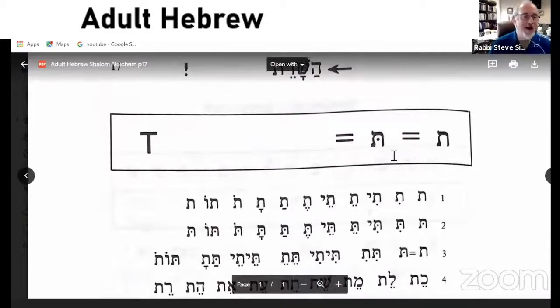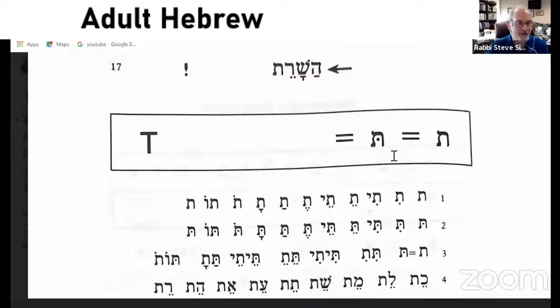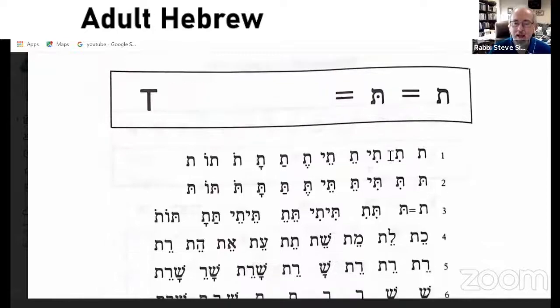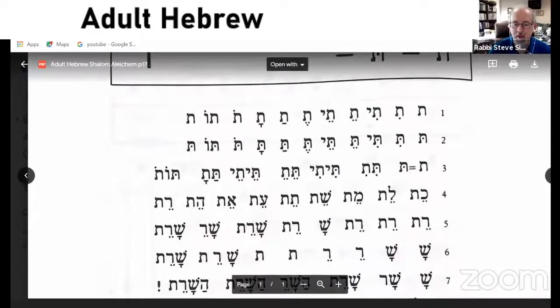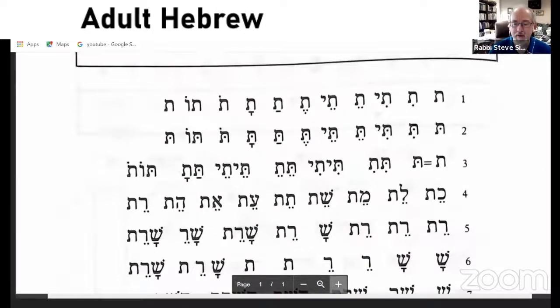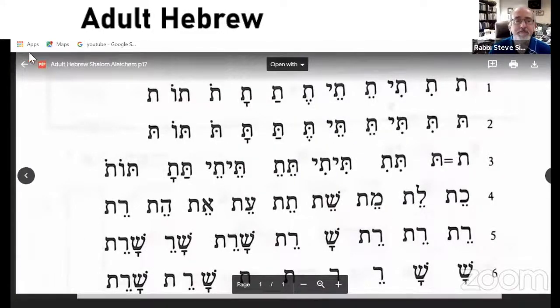This letter is called a Tav. If you wrote it in English, I guess you write it T-A-V, a Tav. So this is the Tav, and line number 1 is going to be fairly simple. I think you can figure this out. Line number 1 is starting with the vowel.